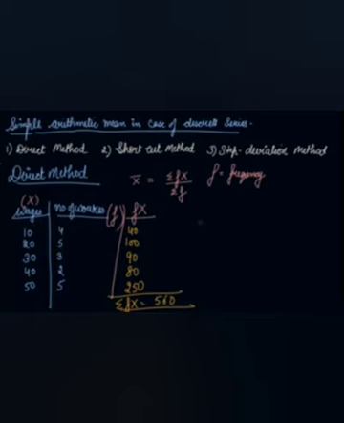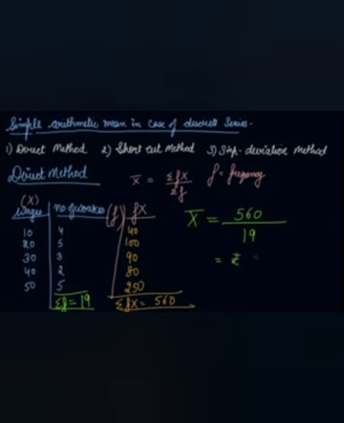Now simply by putting this into the formula, x bar is equal to summation fx, which is 560, divided by summation f, which is equal to 19 because there are 19 workers. So 560 divided by 19 is rupees 29.47.